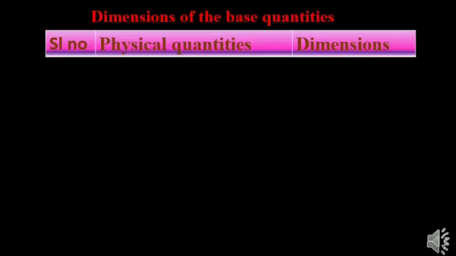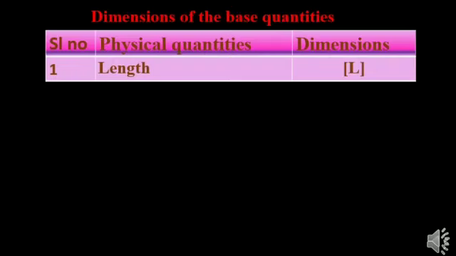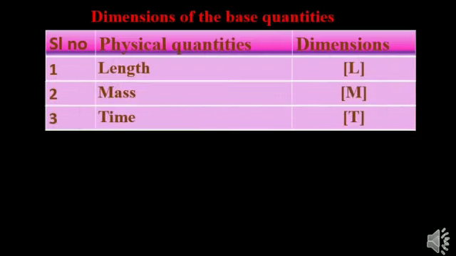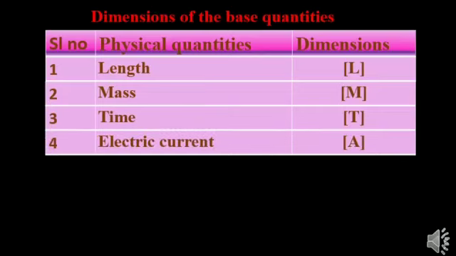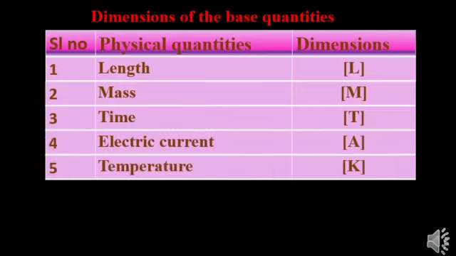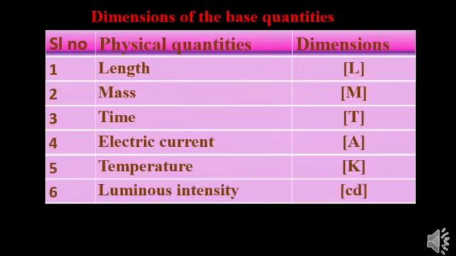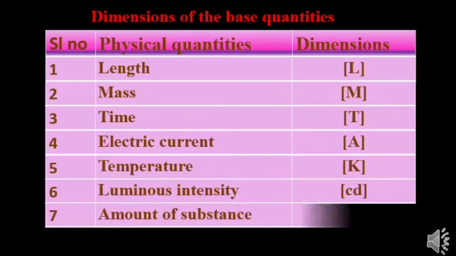They are L for length, M for mass, T for time, A for electric current, K for temperature, cd for luminous intensity, and mole for amount of substance.